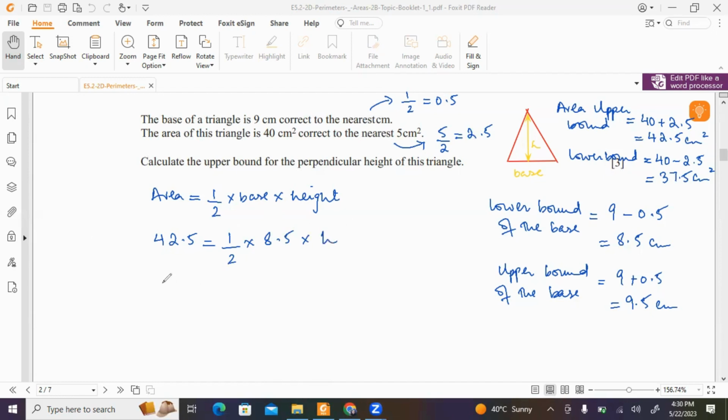So we will do 42.5 times 2 divided by 8.5. So 10 is the upper bound for the perpendicular height, 10 centimeters.